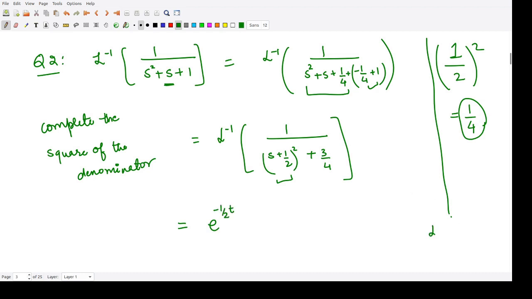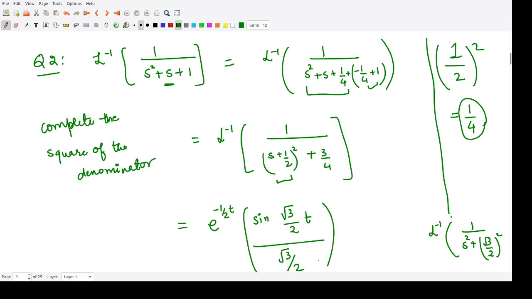And then what would be the Laplace inverse of 1 upon s square plus square root 3 upon 2 whole square, because you can write 3 upon 4 as square root 3 upon 2 whole square. So it would be sine of square root 3 divided by 2 t, divided by this constant, square root 3 by 2.